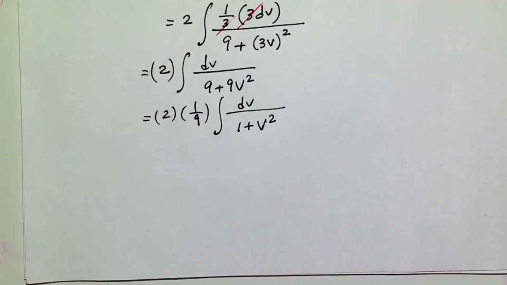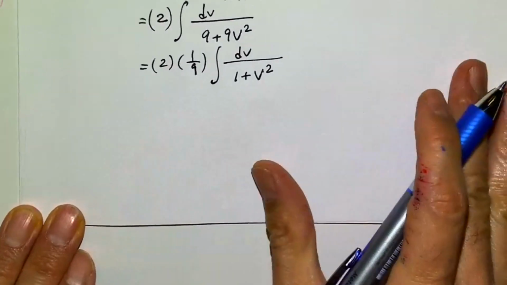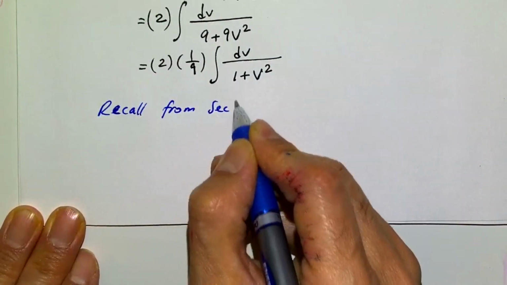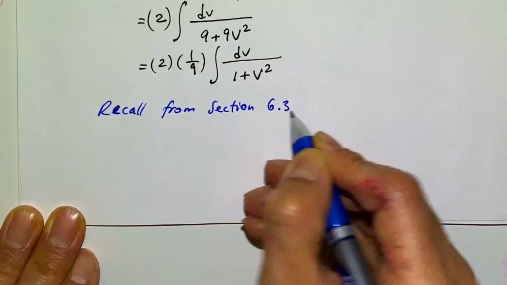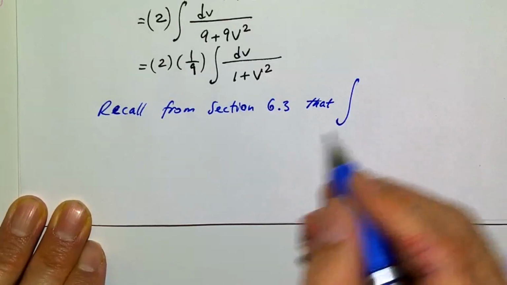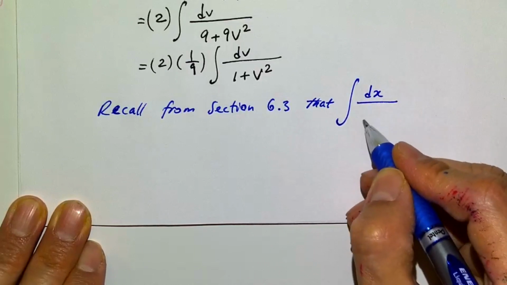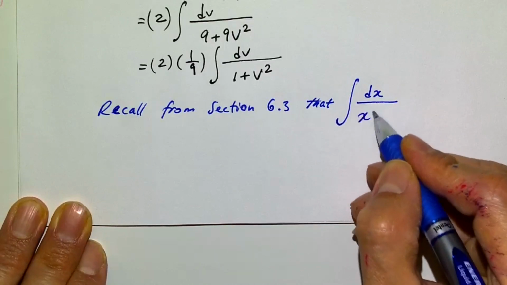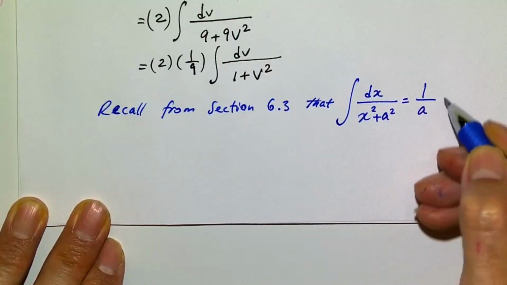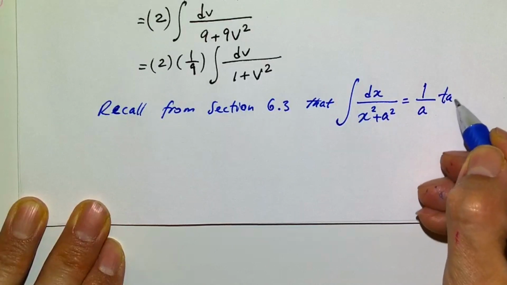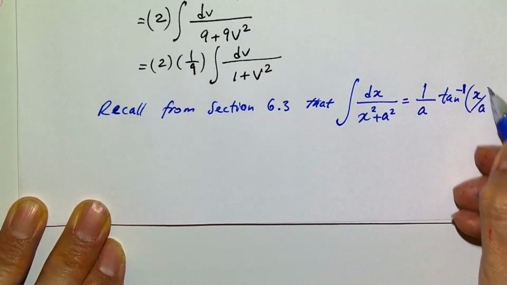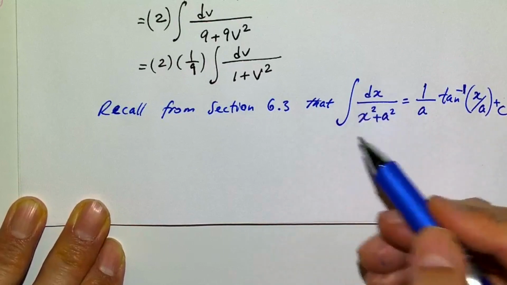Now I'm just going to put that statement here, that recall from section 6.3 that the integral of dx over x squared plus a squared is equal to 1 over a times inverse tangent of the variable divided by the constant plus c for the indefinite integral.